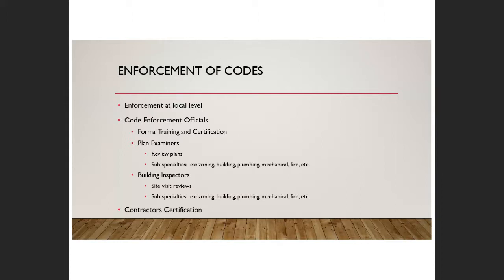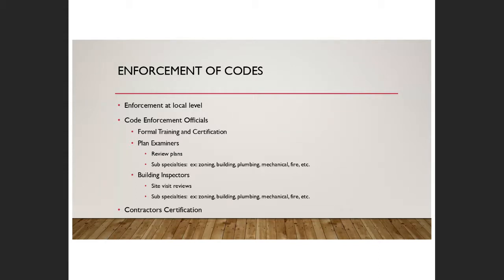And they would either approve them or come back to you with questions or comments. Those plan examiners may actually break the work up into certain subspecialties. There might be a zoning review and a site review and a plumbing review and a mechanical review, depending on the complexity of the building or the size of the building department.